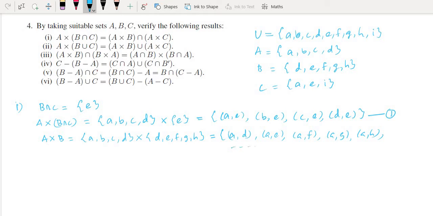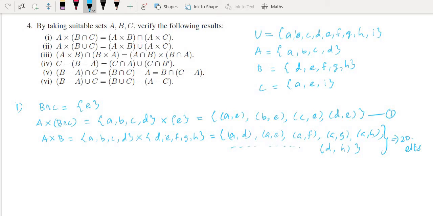Similarly for b, (b, d), (b, e), (b, f), and finally the last element will be (d, h). Anyhow we'll be having (a, e) there, and (b, e), all these things in between. The final element will be (d, h). The first set has 4 elements and the second set has 5, so 20 elements will be there.